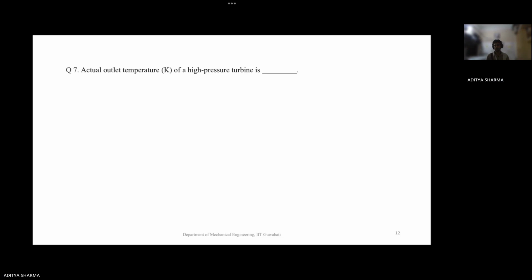The next question. Question number 7 asks for actual outlet temperature of high pressure turbine.